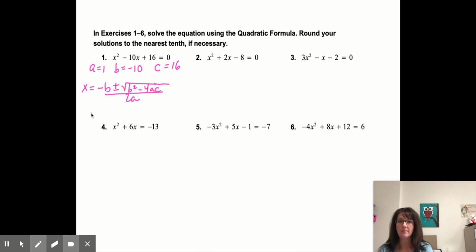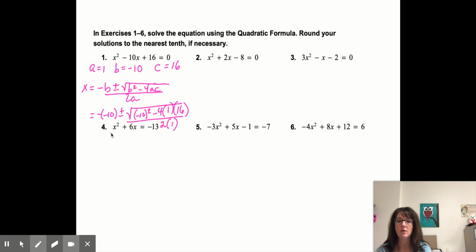Then we just substitute in. So we'll have -b, the opposite of -10, right? Plus or minus the square root of -10 squared minus 4 times 1 times 16, all over 2 times 1.